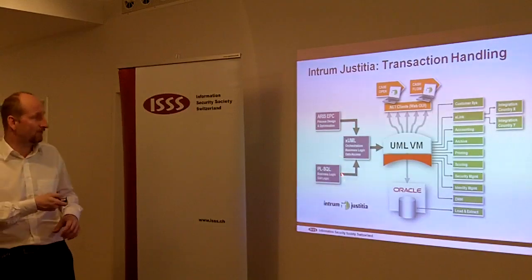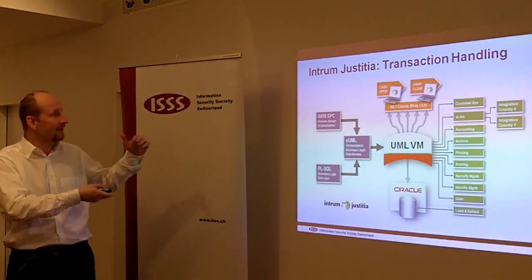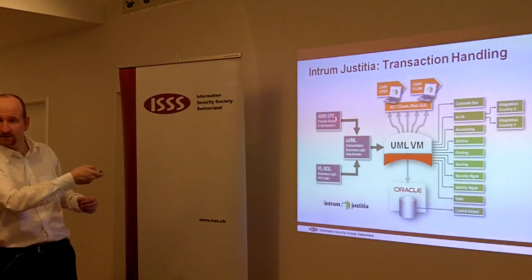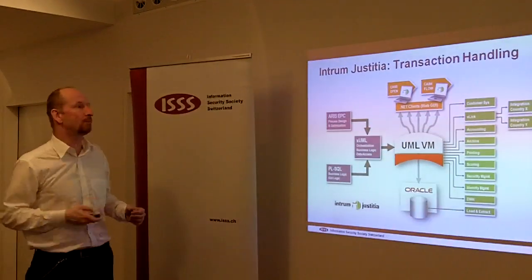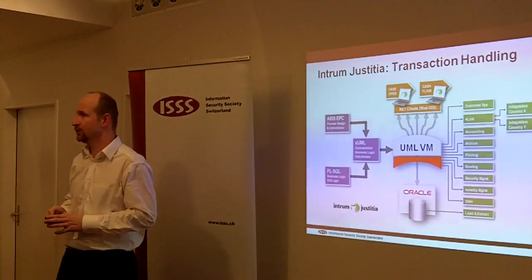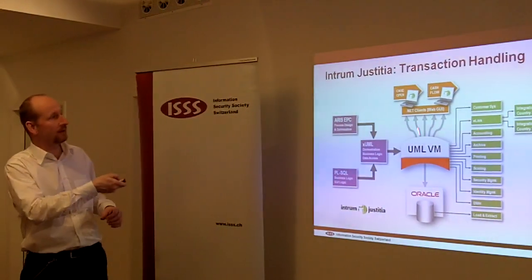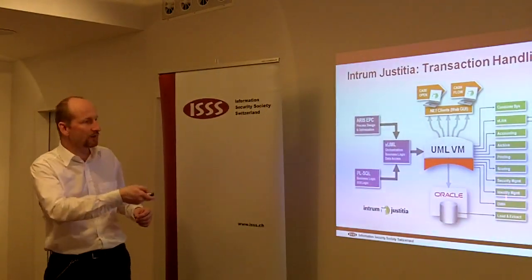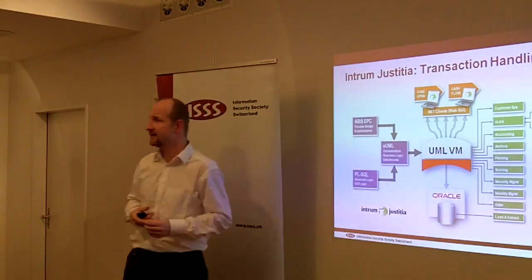And so they've analyzed the source code of the original application, and then they have synthesized both concepts, the to-be concept and the as-is implementation, into one, which they put into this UML virtual machine, which is now eventually driven by a number of process clients and is interacting with a number of backend systems. They still kept Oracle as the main database.